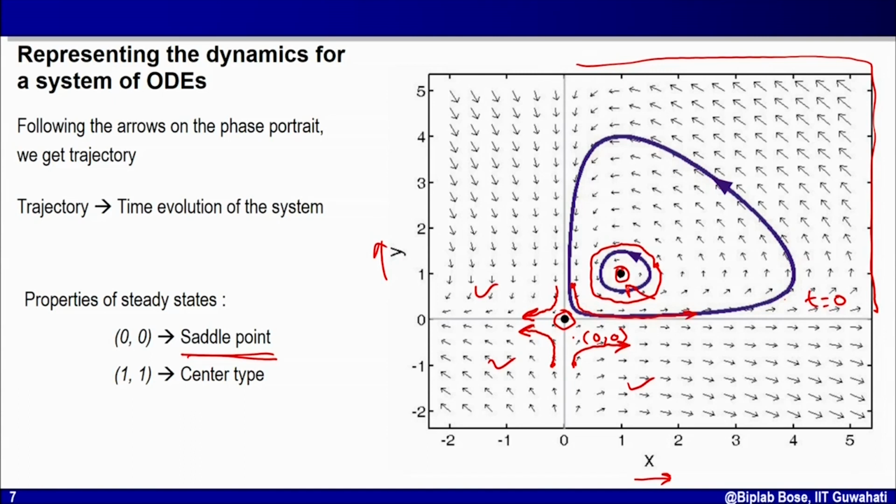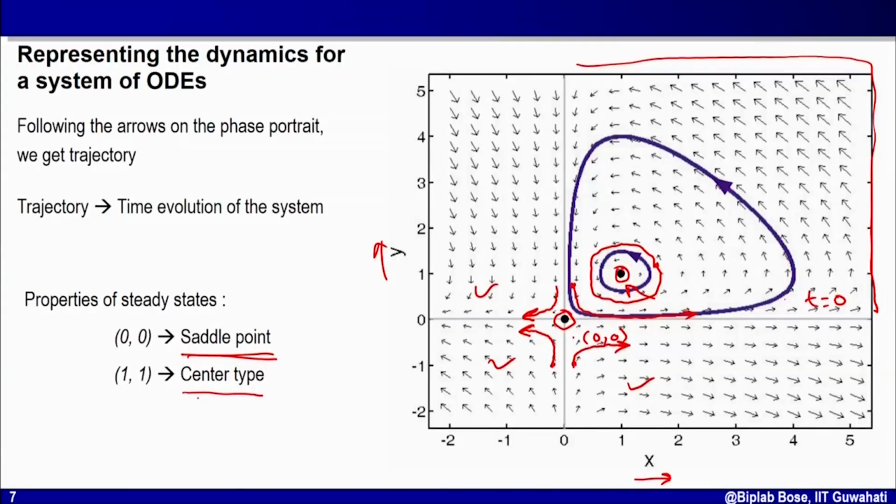So this steady state is called a center type steady state. In this type of steady state, if you are at the steady state, you will stay there for an infinite period of time. Whereas if you slightly perturb from it, you will start moving in a closed path around that steady state. So this is called a center type steady state. We will discuss that also.